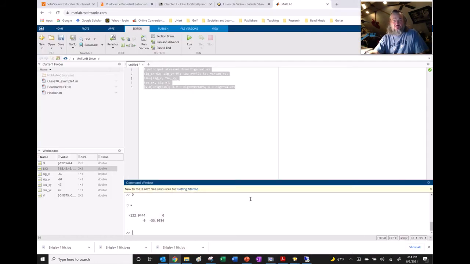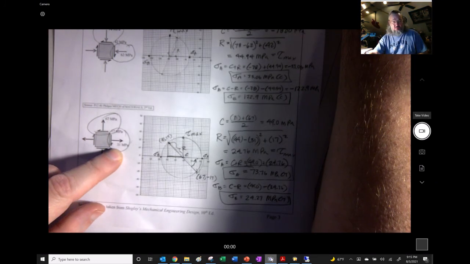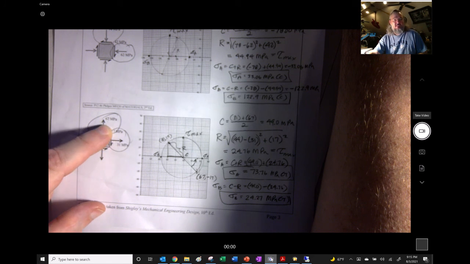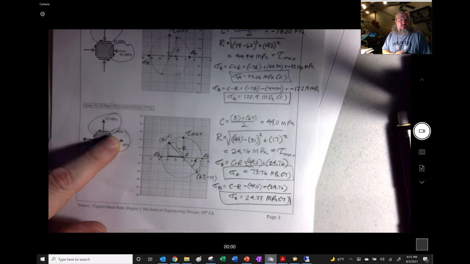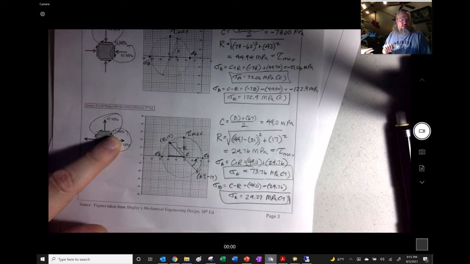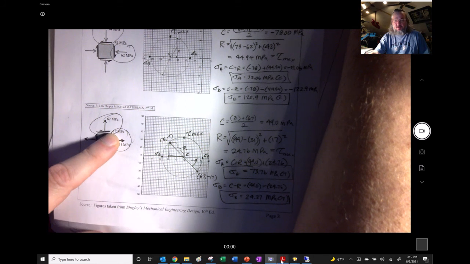Or we could do the last one too, just in case you don't believe me. For that problem we had positive 31, positive 67, and a positive 17. So 31, 67, and 17.